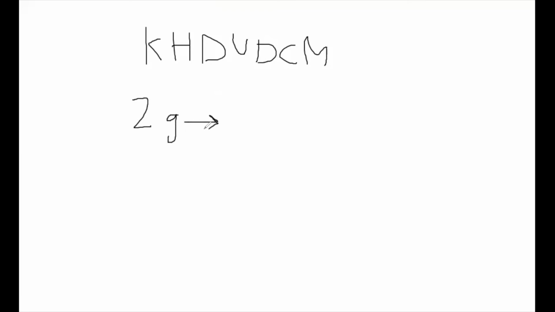And you want to see how many kilograms you have. So you have kilo, kg. If you have a K there, you know you're using kilo. So you'd start with grams.